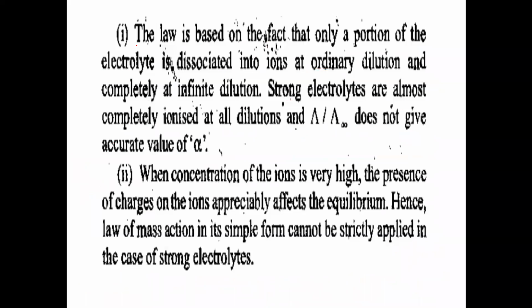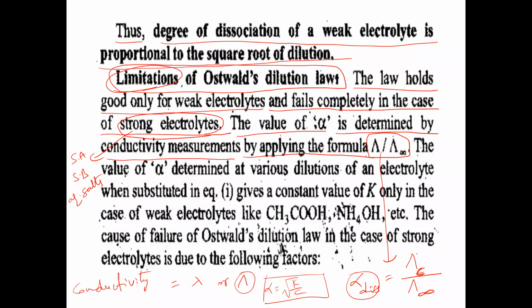Next. Now two important factors will be there here, the reason for the failure of Ostwald's dilution law for strong electrolytes. Suppose the value of lambda determined at various dilutions of an electrolyte, various dilutions of an electrolyte, when substituted in equation 1 gives a constant value of K only in the case of weak electrolytes like acetic acid and NH4OH.